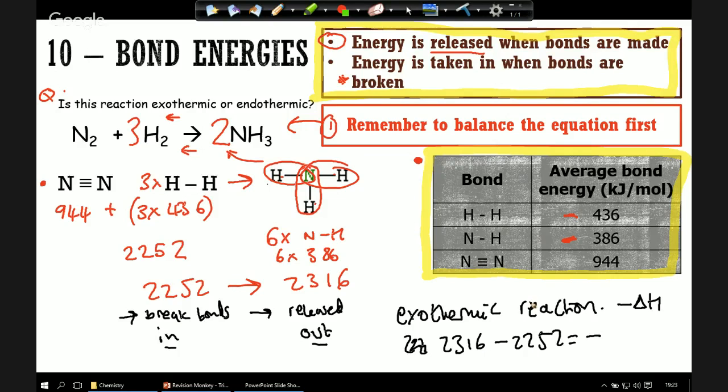I'll just do that on my calculator now. 2316 minus 2252, which will give you an energy change of 64. And that will be in kilojoules per mole from those units up here. Okay, so that's how you look at bond energies. They'll give you a table. You need to remember these things though. Balance the equation and remember the information in this box. That's super important.